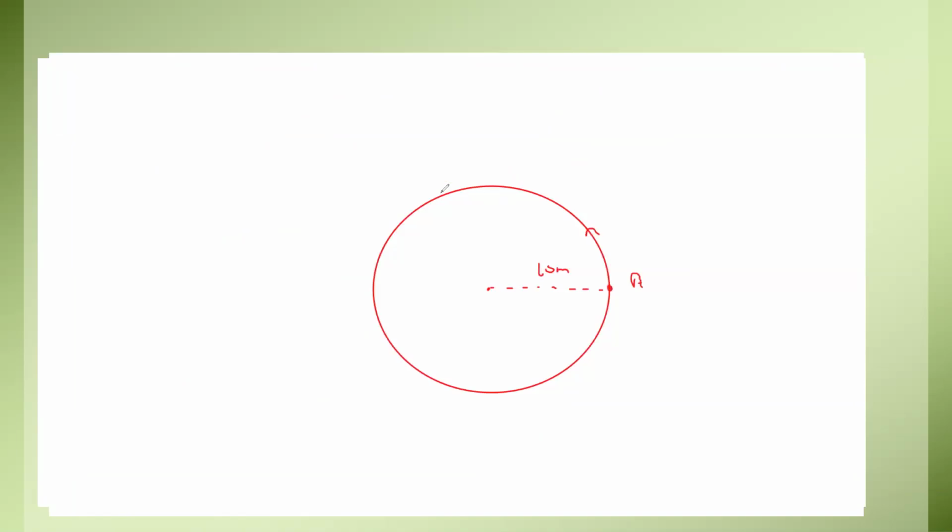So an object starts from A, moves in a circular path, and reaches position A again. What is the distance covered by the object? In a circular path, the distance is equal to the circumference, because the definition of distance is the total length which an object covers when it moves from one point to another. So the distance will be equal to 2 pi r.